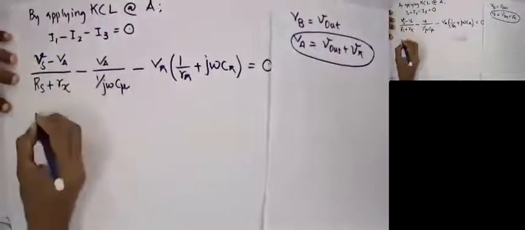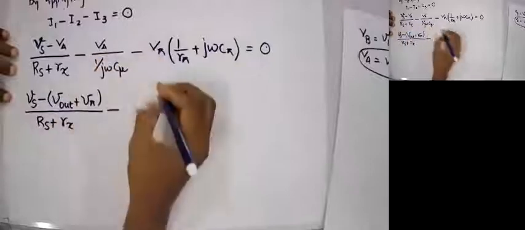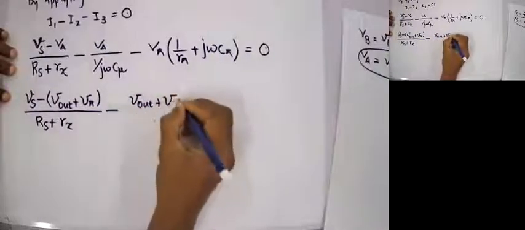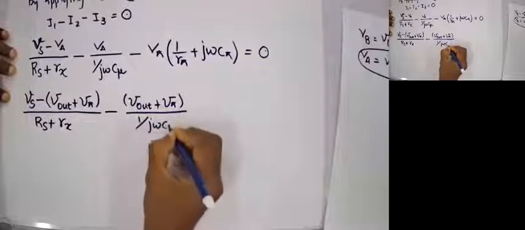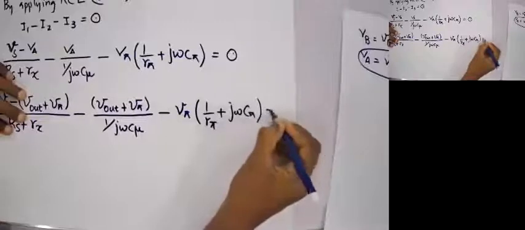If I rewrite this one, Vs minus (V out plus V pi) divided by Rs plus Rx, minus, instead of VA again we'll substitute this one, (V out plus V pi) divided by 1 over j omega C mu, minus V pi into 1 over R pi plus j omega C pi, which is equal to 0.